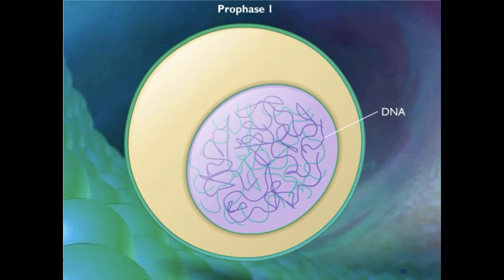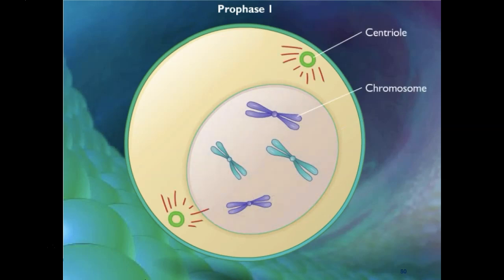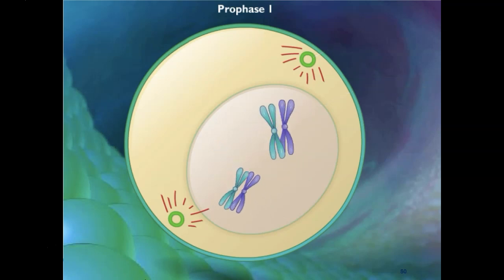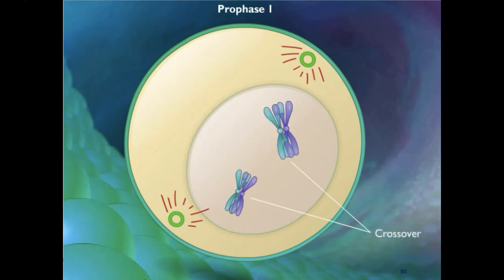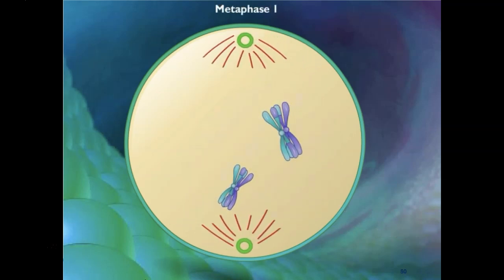In Prophase I, the DNA condenses and the homologous chromosomes, consisting of 2 sister chromatids, become closely associated in synapsis. Crossing over between non-sister chromatids may occur during this phase. In addition, the spindle begins to form, and the centrosomes migrate to opposite poles.